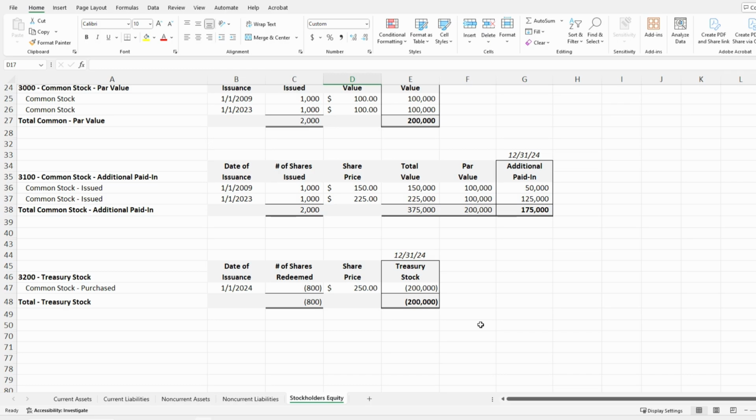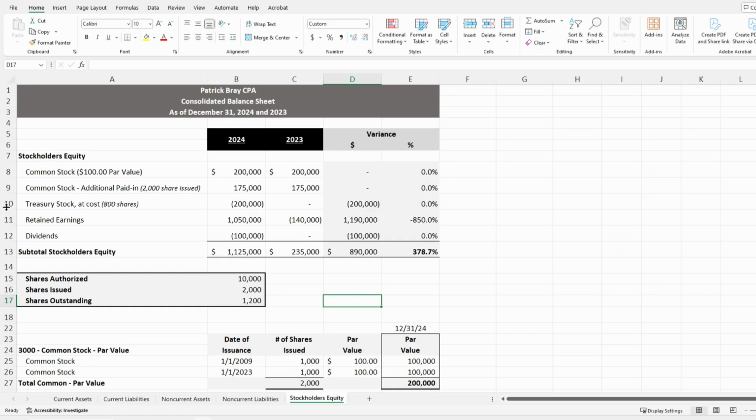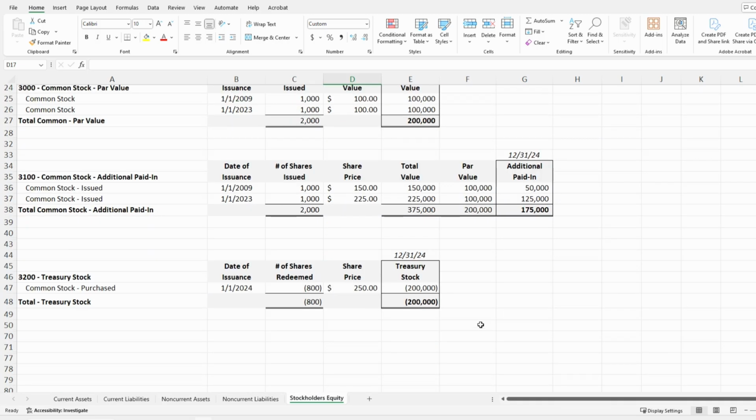So going back to treasury stock, as I said before, John McClain, we've taken 800 shares out of circulation. We only have 1,200 shares outstanding. We are going to debit treasury stock, 3,200. On our balance sheet here, 3,200. And depending on how you finance it or how you pay for these, you can either credit cash, if you give the cash to John McClain in this situation.